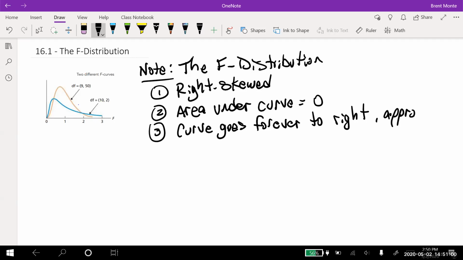We typically call it the x-axis, but they're just going to call it the horizontal axis.